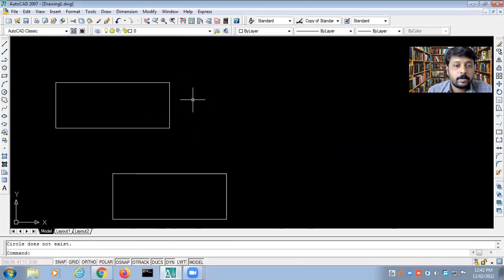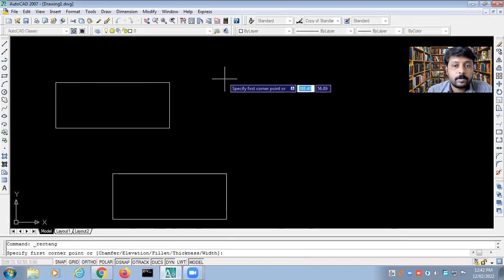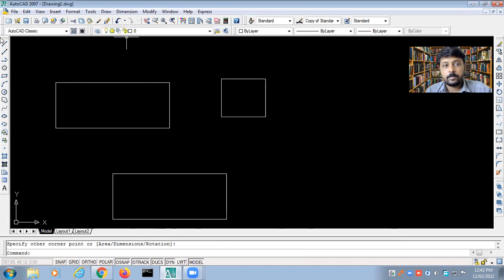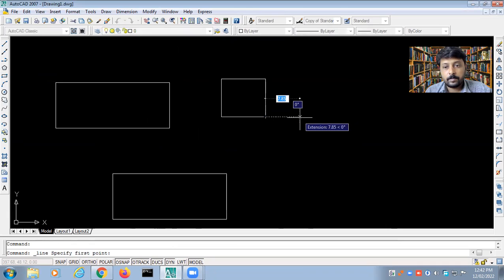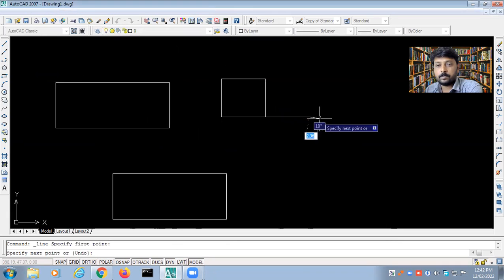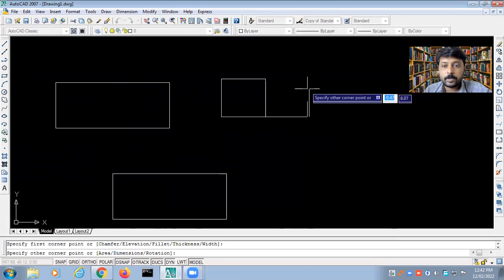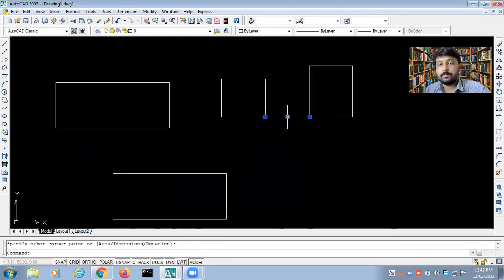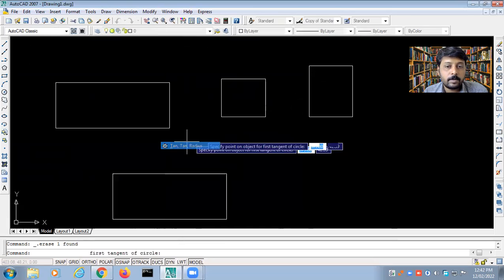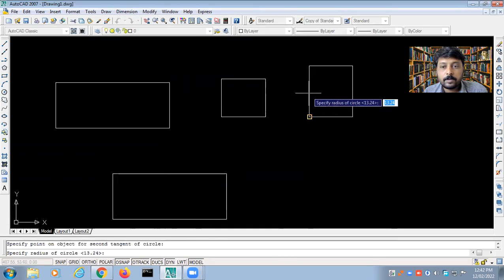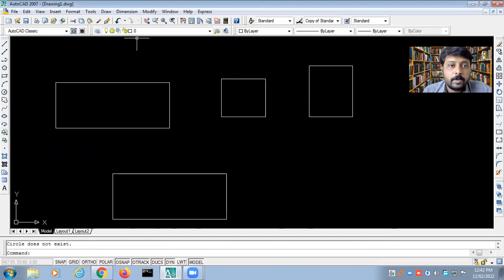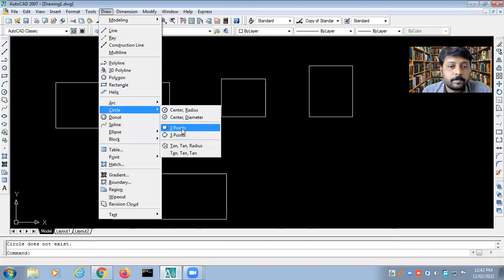Let us take another example over here. Just a second. Now we know the distance. Now let us see tangent, radius. It is not getting.